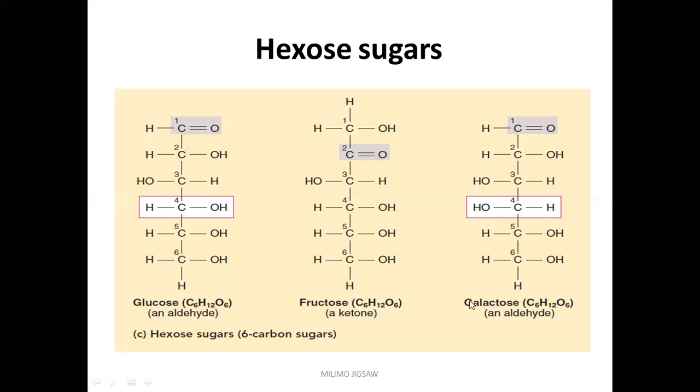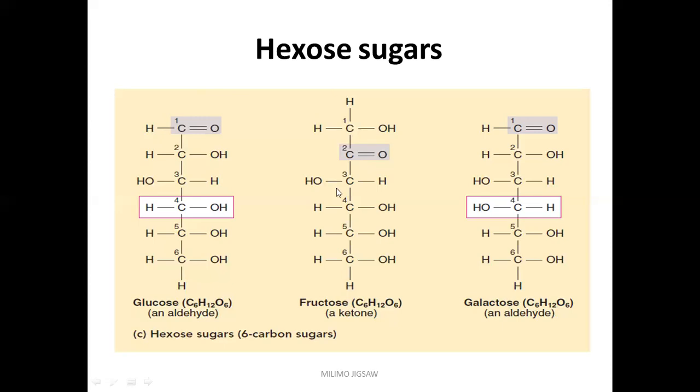How about glucose and galactose? So you are saying glucose and galactose are stereoisomers? Yes. Okay. How about fructose and glucose? Remember the functional group.